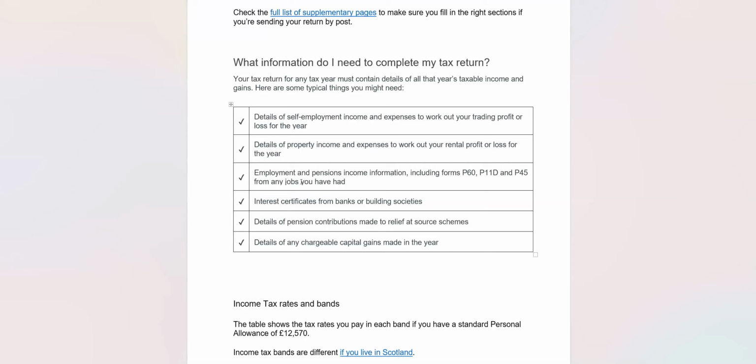So here we are looking at self-employment: you need detail of self-employment income and expense to work out your trading profit or loss for the year. So how much money you have earned from 6th April to 5th April, you have to have a record for that, and also the expenses. Normally, if you work as self-employed, there are a lot of expenses that could be allowable.